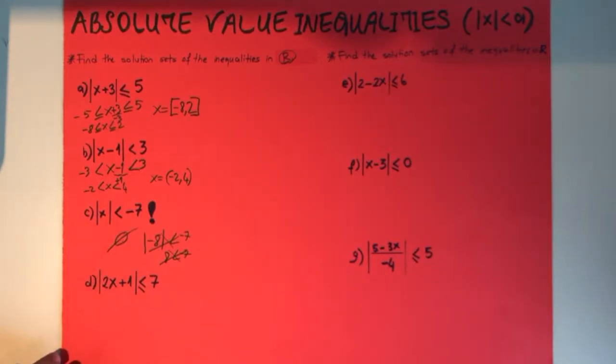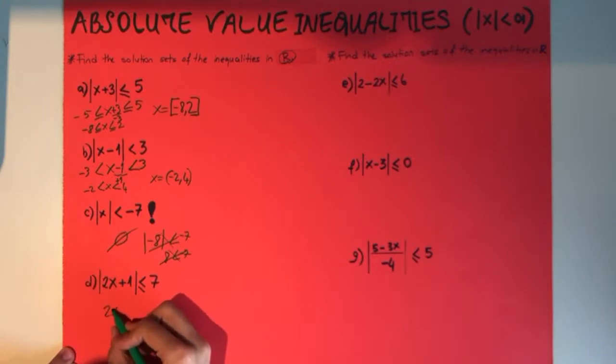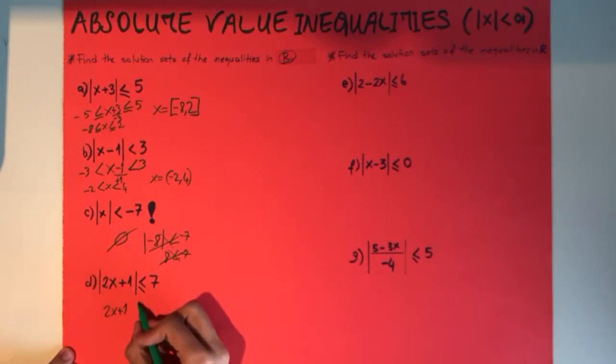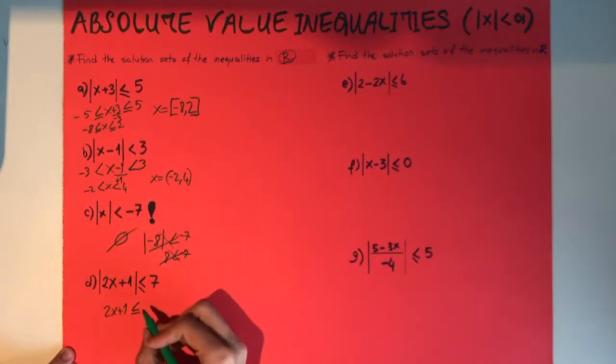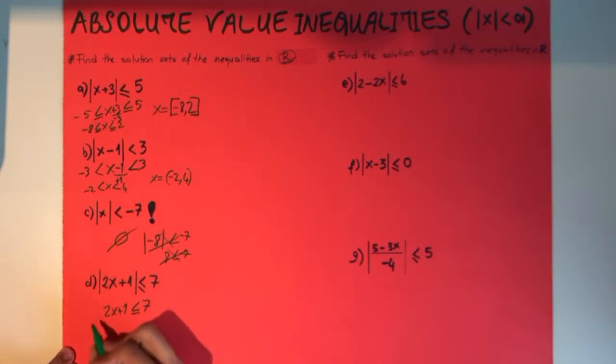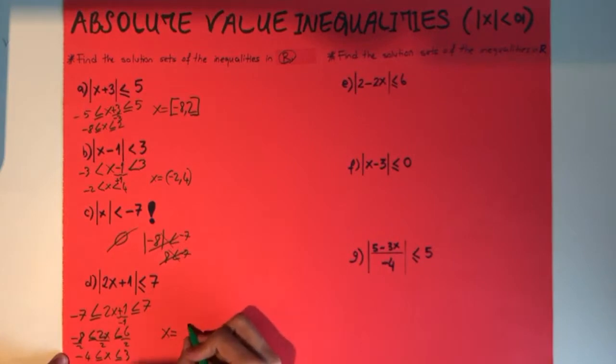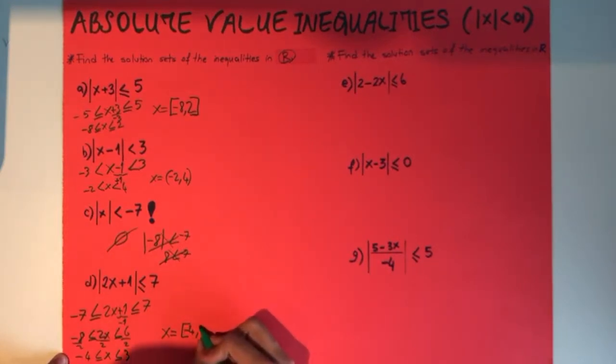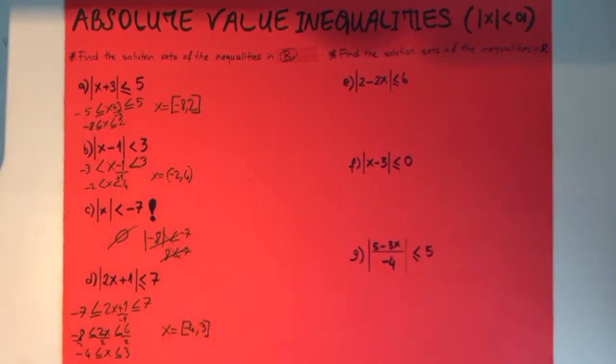For question D, we are doing the same thing as question A and question B. 2x plus 1 without the absolute value sign, smaller or equal to 7, and we're writing minus 7 on the other side. Closed 4 with a closed 3.